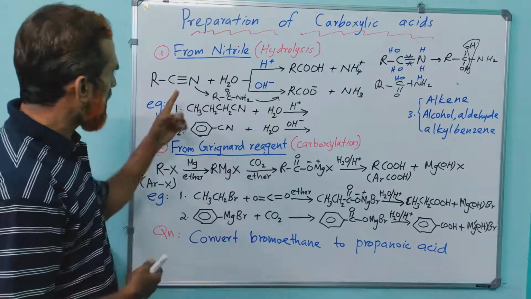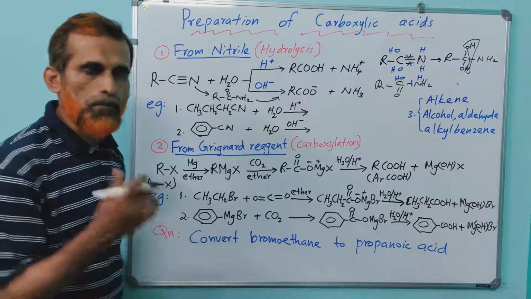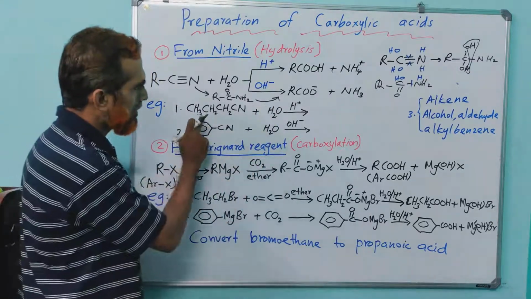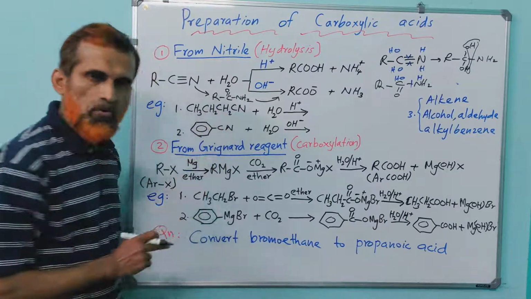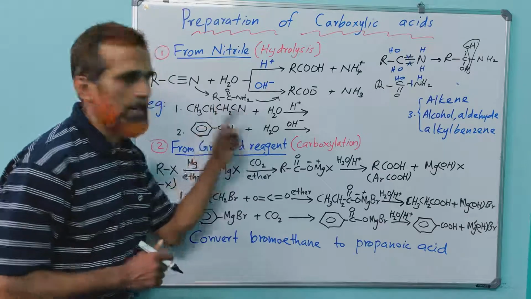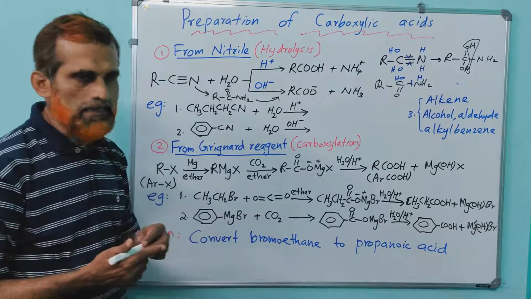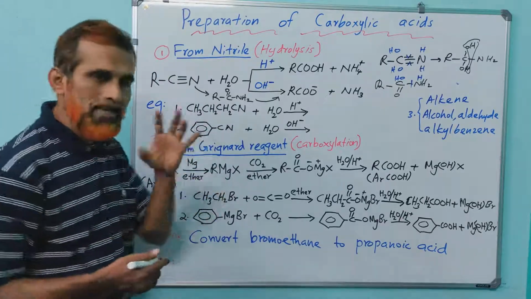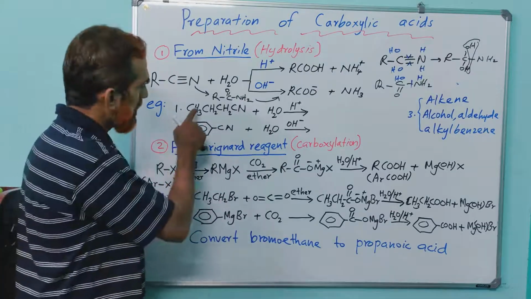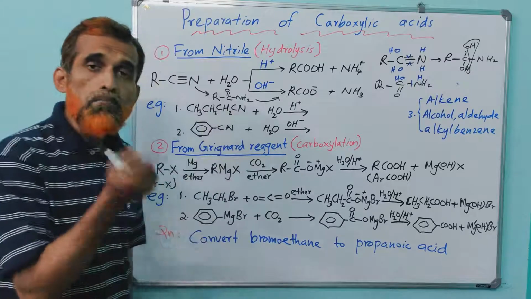Okay. Now coming to examples. What is the product here? In this reaction, this is what? 1, 2, 3, 4. 4 carbons. So butane nitrile. That is the IUPAC name. It is also commonly called, based on the name of the corresponding carboxylic acid, that is 4 carbon acid is butanoic acid.